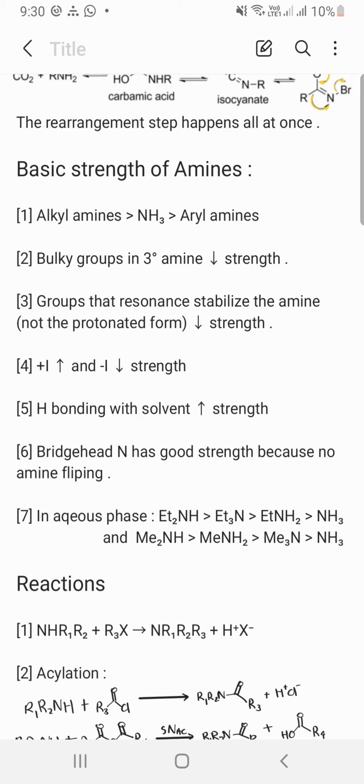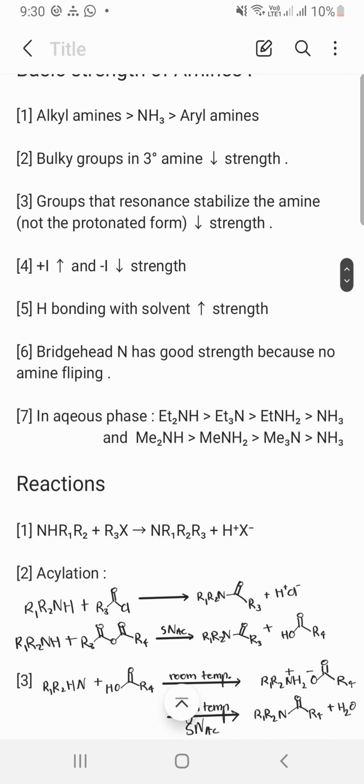Bulky groups in 3-degree amines decrease the strength because they restrict the sp3 hybridization of nitrogen, so it's not able to completely be in the structure where it can accept hydrogen like that, so it decreases the strength.